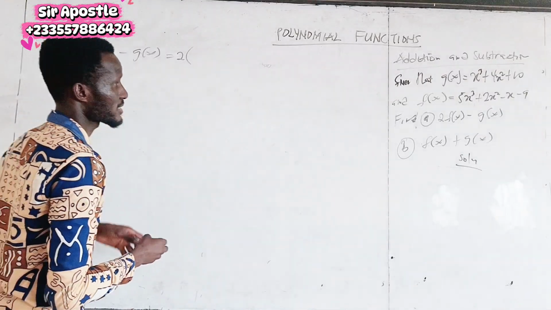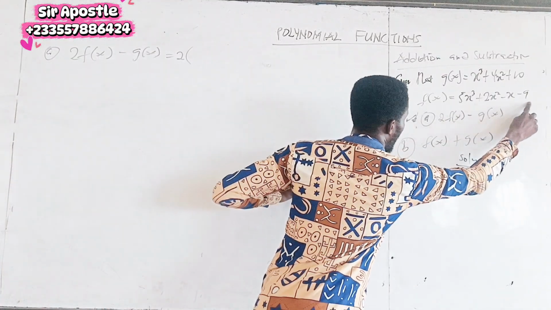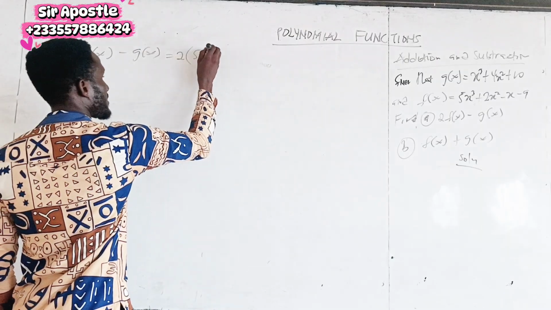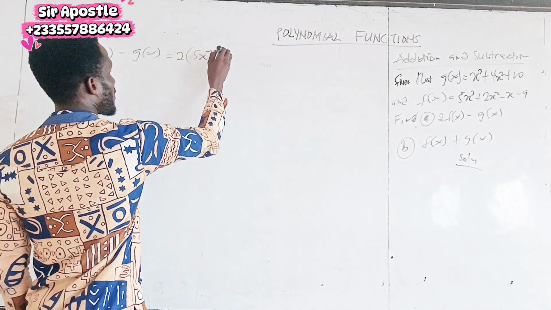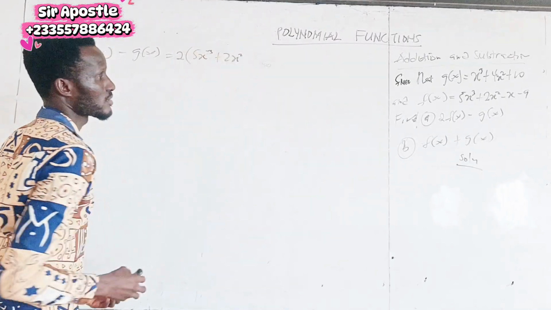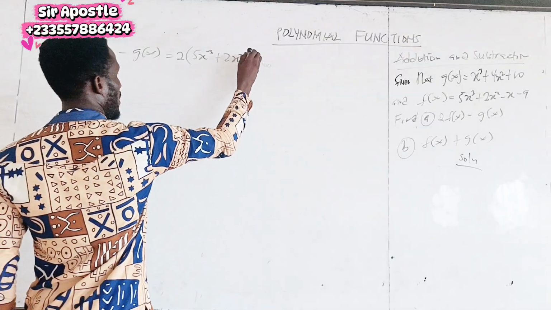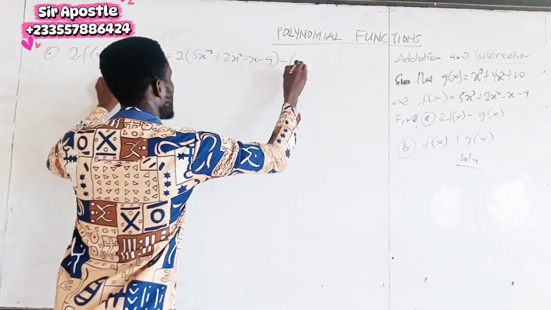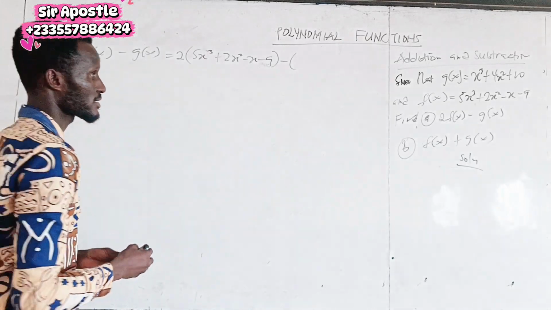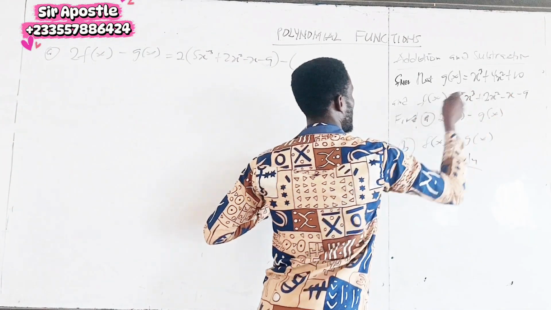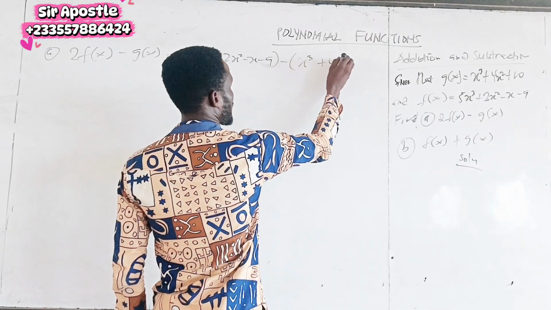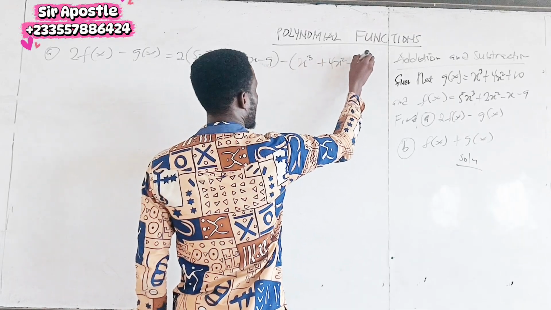What is f of x? f of x is the whole of this one. It means I need to multiply it by 2. So we have 2 times 5x exponent 3 plus 2x squared minus x minus 9. Now minus g of x. g of x is the whole of this one, that is x exponent 3 plus 4x squared plus 10.